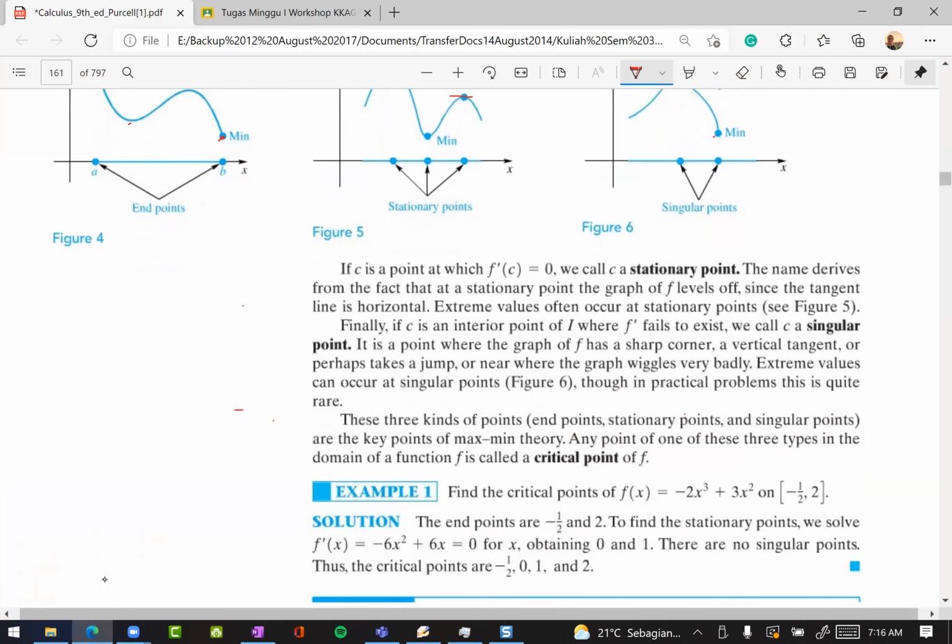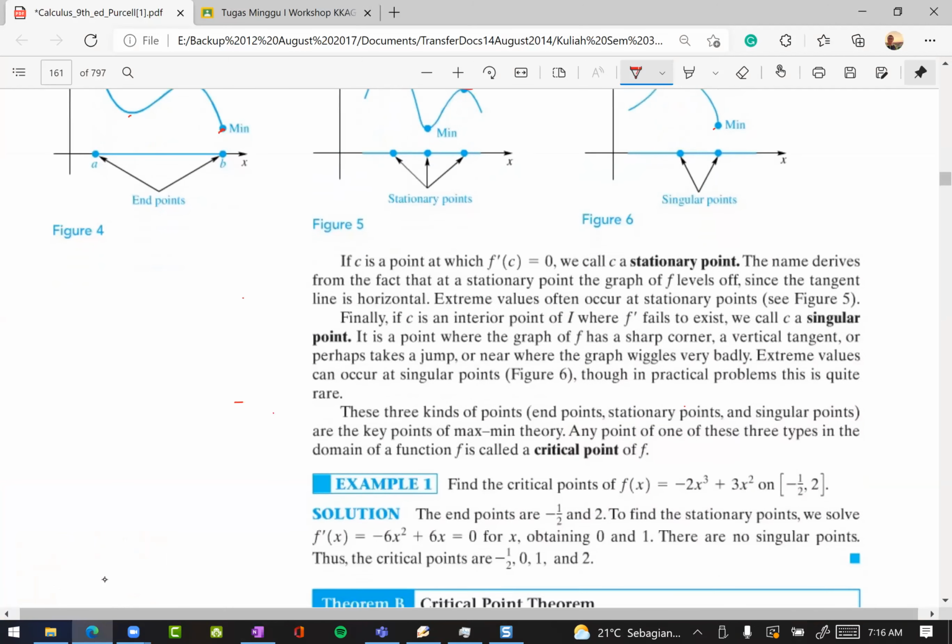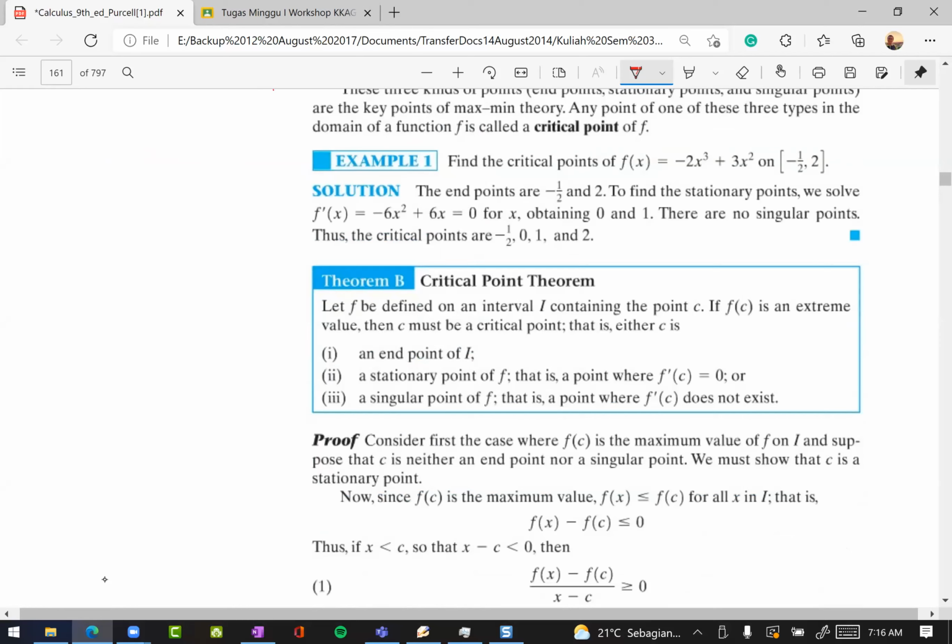And the thing is that we have this critical point theorem. Okay, it says that if f(c) is an extreme value, that means c is an extreme point, then c must be critical.